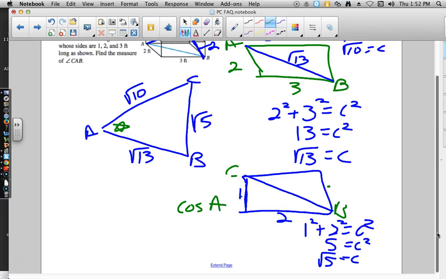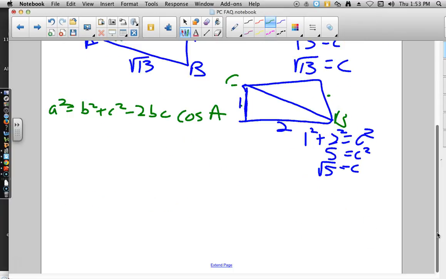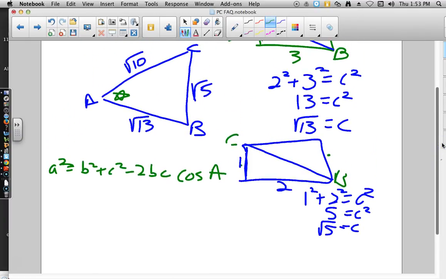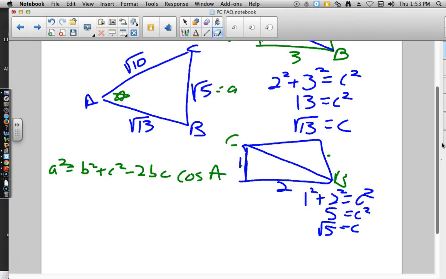And that means we're going to have A squared equals B squared plus C squared minus 2BC cosine of A. Our A squared, well, A is the side that's opposite our angle, because our angle is A, so that'll be the square root of 5 squared. But again, because I'm going to find cosine, I'm going to go ahead and solve this formula for the inverse cosine, just to get this all in at once and make it perfect.